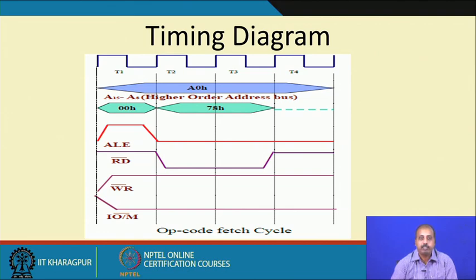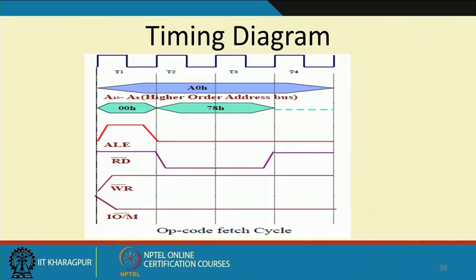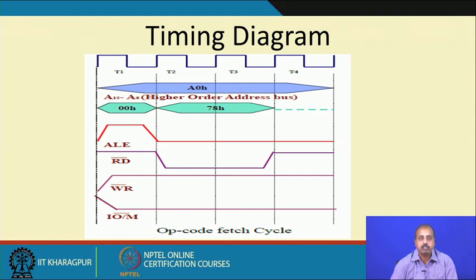Then the read bar signal will be generated, so that whatever is in that particular memory location will be copied into the instruction register, and the processor will try to execute that instruction. As soon as that instruction is over, it will again generate the ALE signal, putting the PC high and PC low values onto the bus. This way the opcode fetch operation goes on.